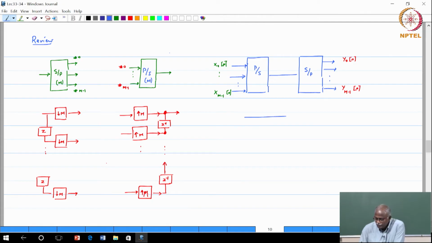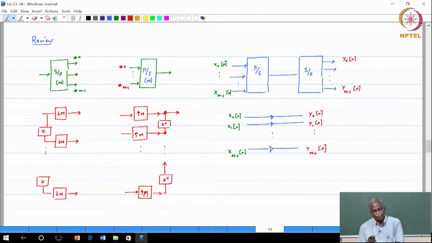It was all parallel lines with a gain of 1. Okay. So, this was the x naught of n, x1 of n, xm minus 1 of n mapping to the output. So, basically there was nothing happening in the processing, the input got translated to the output, and this seemed like a very trivial type of result.